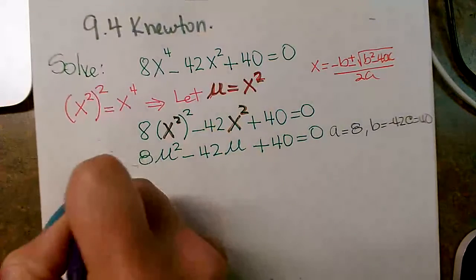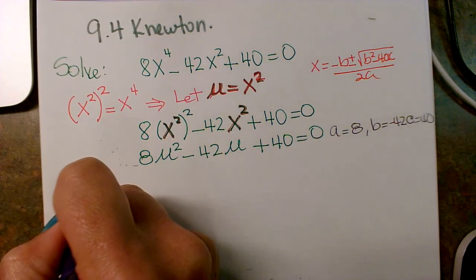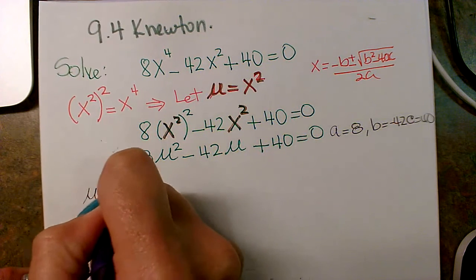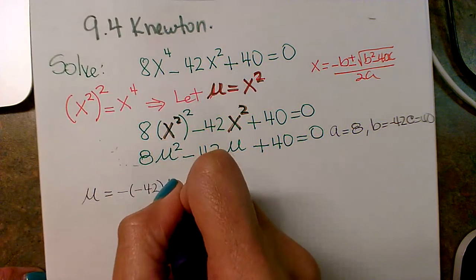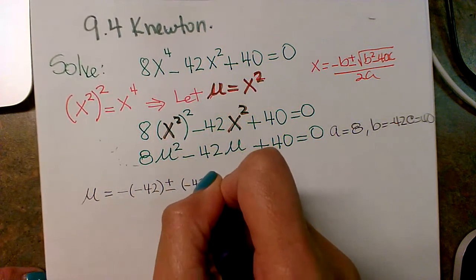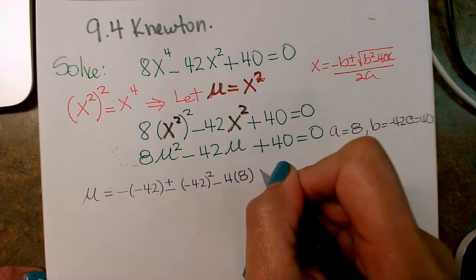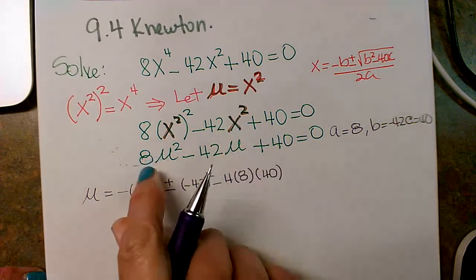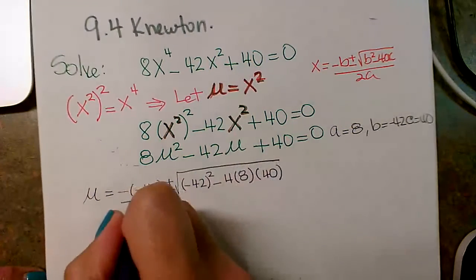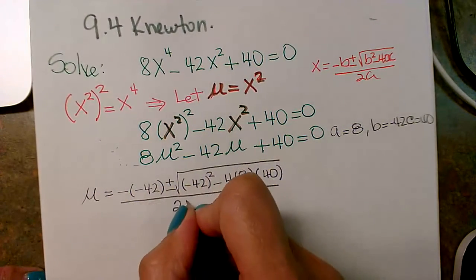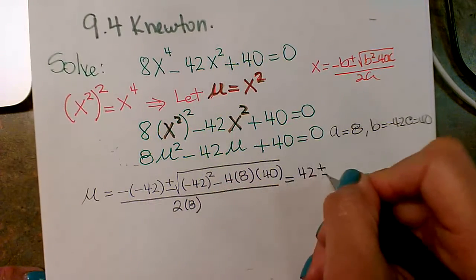I'm doing the quadratic formula. So we're going to have negative 42 squared minus 4a and c. A is 8 and c is 40, over 2 times 8. This is positive plus and minus.